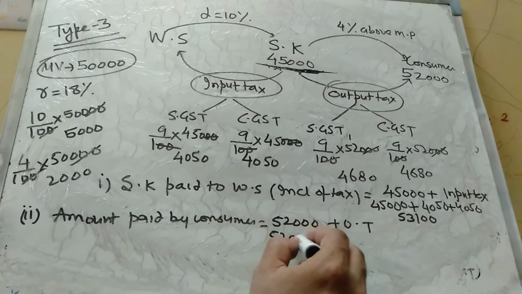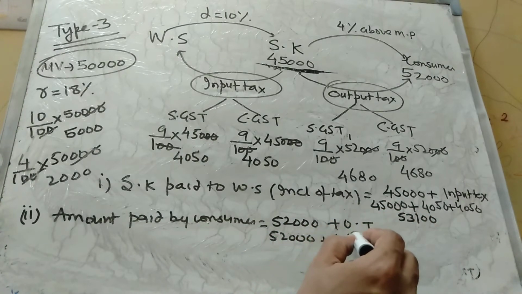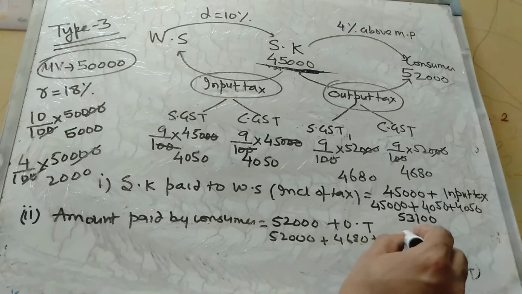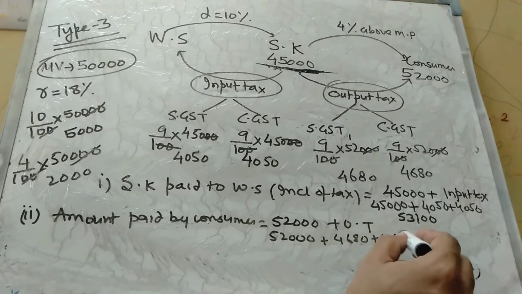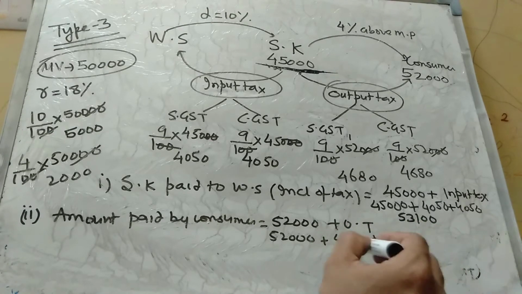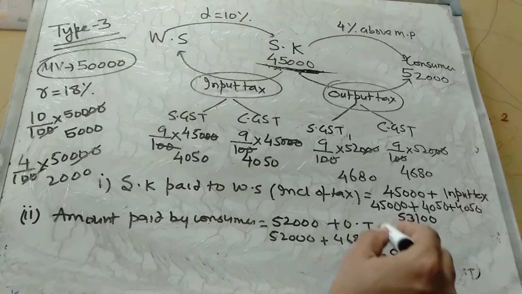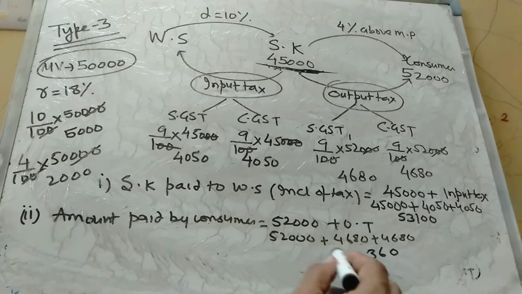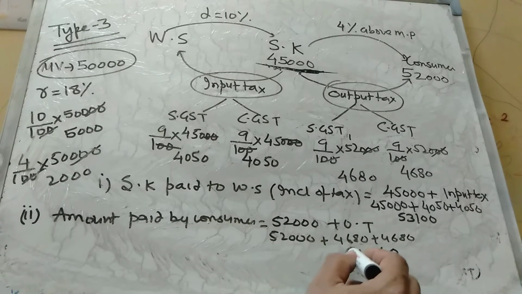So 52,000 plus 4680 plus 4680, total 61,360 would be the amount paid by the consumer.